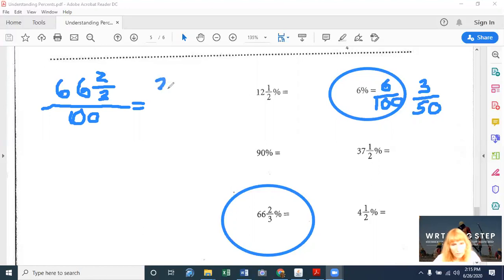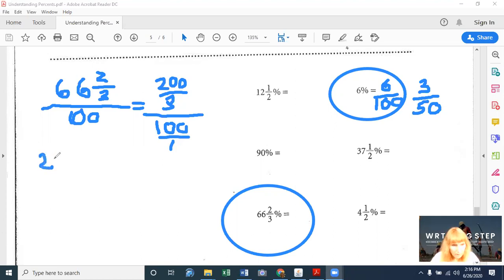So I now have 200 over 3. And now I put that over the 100 that I had it over. And I'm going to add a 1 on the bottom here, so it's really the same as 100 over 1. So now I have 200 over 3 divided by 100 over 1.